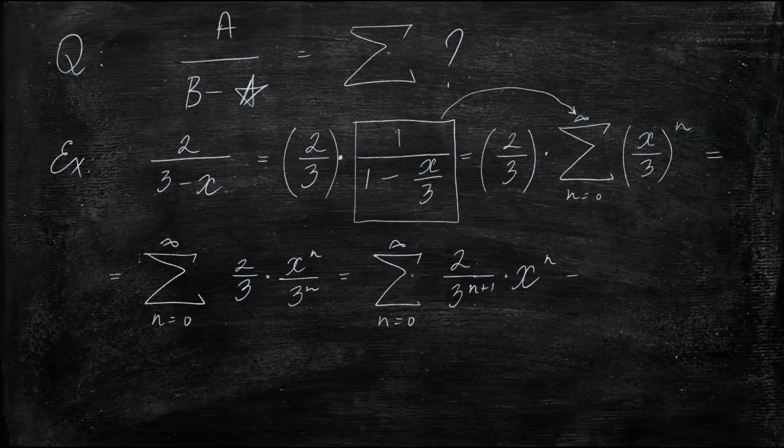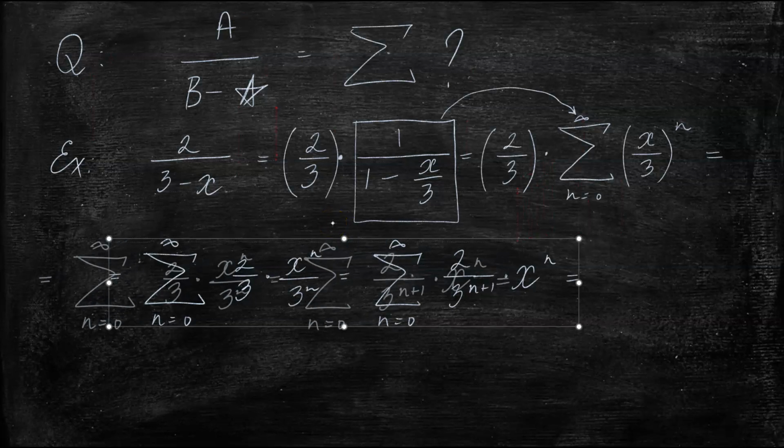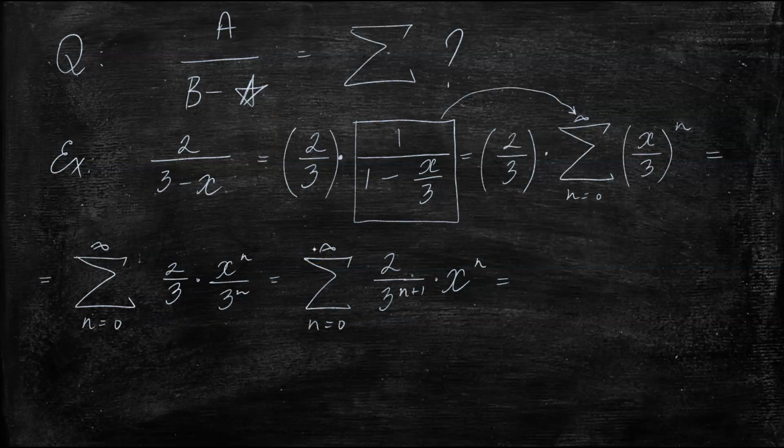And if I want to write at least 4 or 5 first non-zero terms, it will be 2/3 plus 2/9 x plus 2 over 27 x squared plus 2 over 81 x cubed, etc.